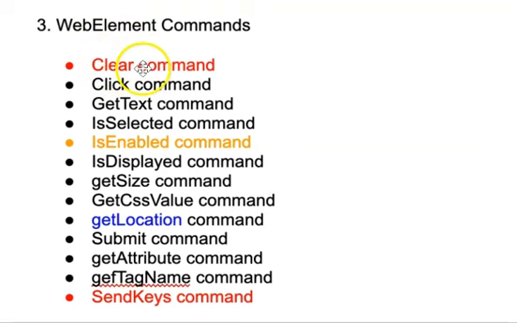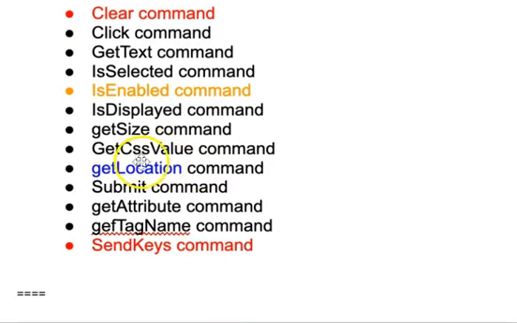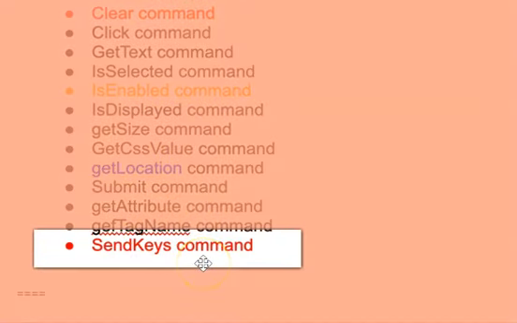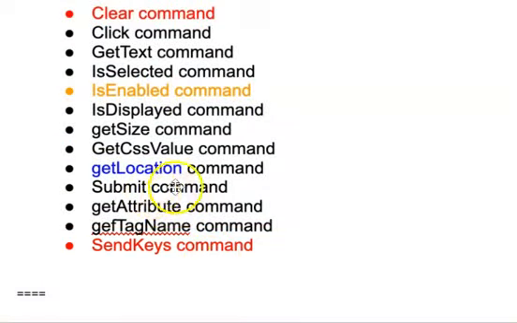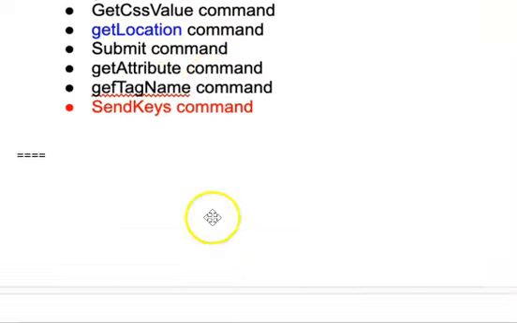For example, we can say click, we can say clear, or we can also get the CSS value of it. We can get the attribute. The most important thing is send keys. We can type some characters in it with the help of send keys. And if there's a text box or a button, the most important thing is submit. We can do submit or we can click and all those things, right?